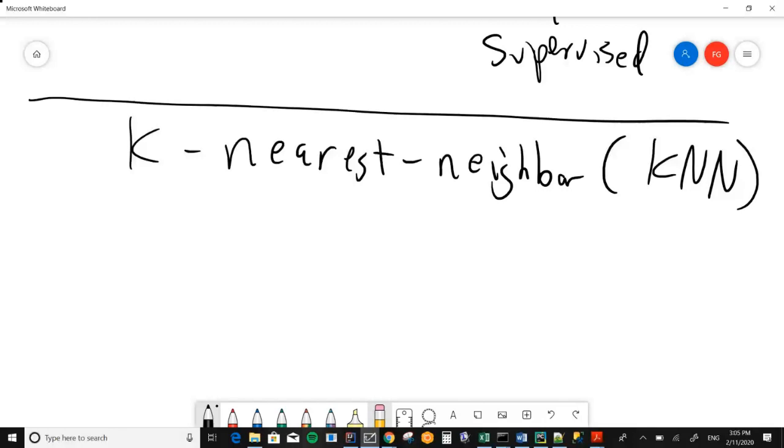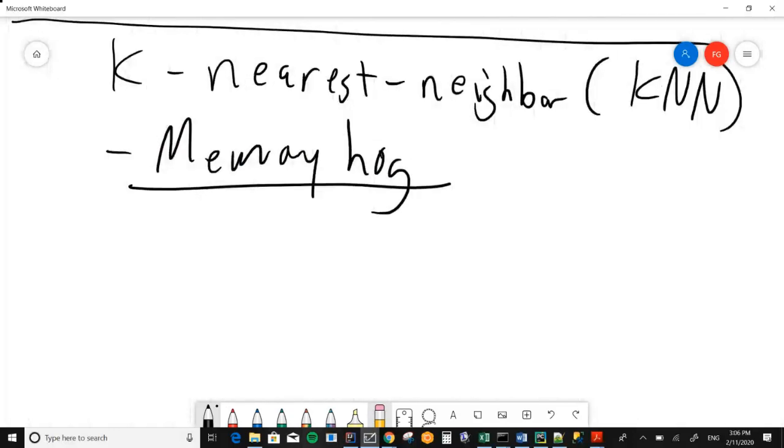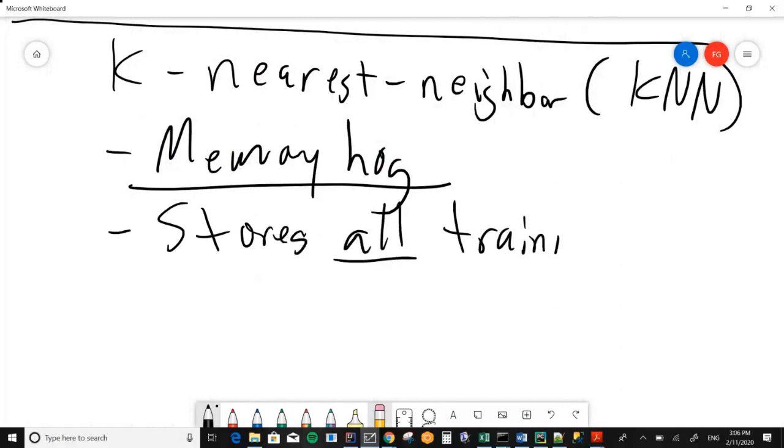KNN is pretty straightforward, but it is also a memory hog. It uses a lot of storage. And the reason it uses a lot of storage is this. It stores all training data explicitly.